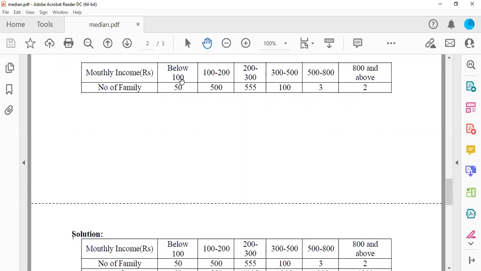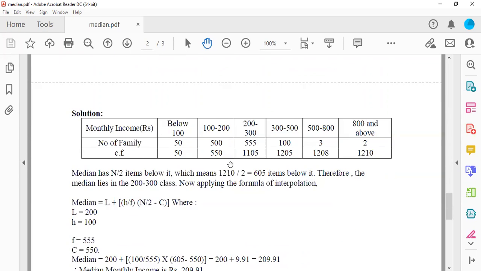Let's think of the case of the USA, where the median income is, for example, 2 lakh. What is the meaning of that? It's the same logic. 50% of the people of America have income less than 2 lakh, and 50% have income greater than 2 lakh. Okay, that is the basic interpretation of the median.